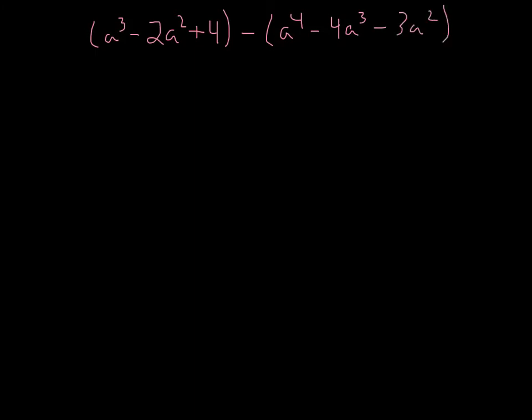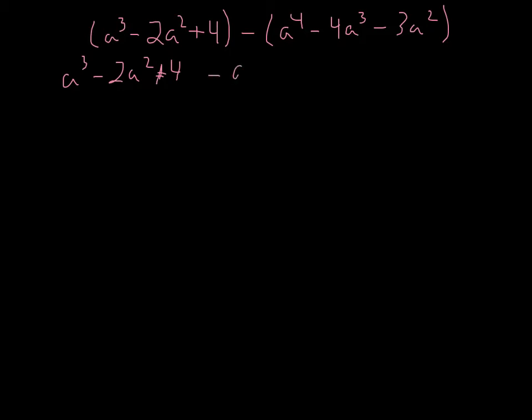So now the second term is the one that has the negative on the outside of it. What you do is copy down the first one, a to the third minus 2a squared plus 4. Now you take the additive inverse of the whole second part, the one that the negative is next to. If there was a negative in front of the first one, you'd have to do that to it also. But there's not, so we'll just do this last one.